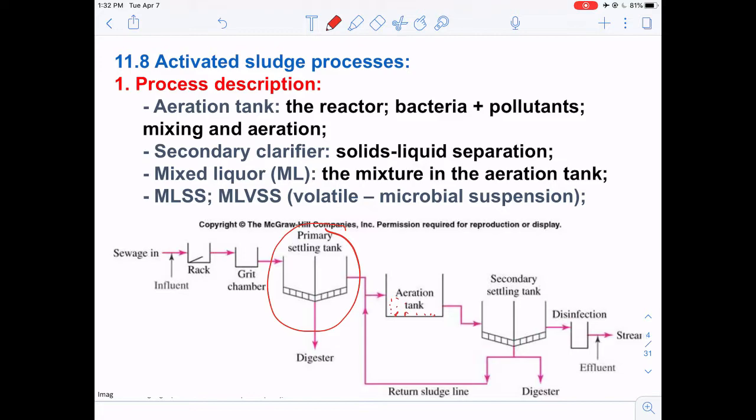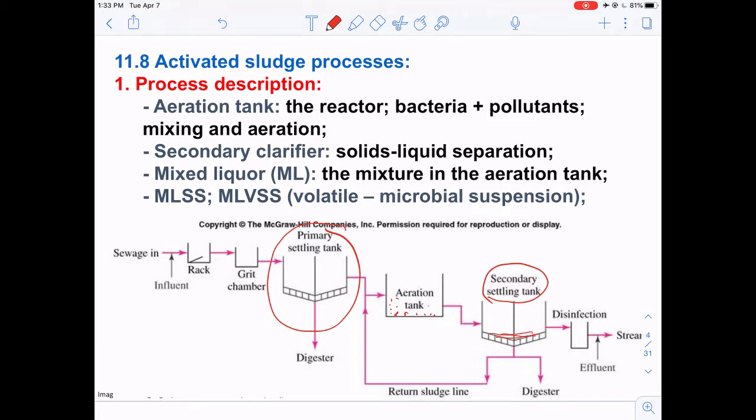And after we get these solids, we will introduce the effluent into a secondary settling tank, where it's using the gravity of the suspended solids to further reduce or to further clarify the water. So similar to the primary settling tank, those suspended solids are going to settle down to the bottom of this settling tank.